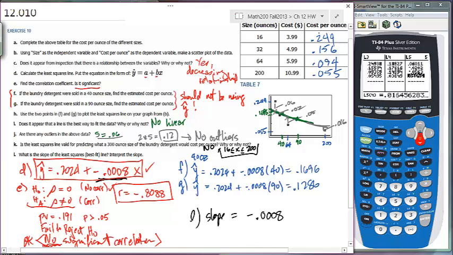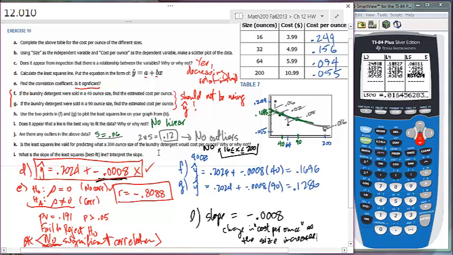The slope is going to be the change in the cost per ounce as the size increases. So that is the mathematical way of interpreting the slope, and the way to relate that to the problem is to use the specific variables that they have.